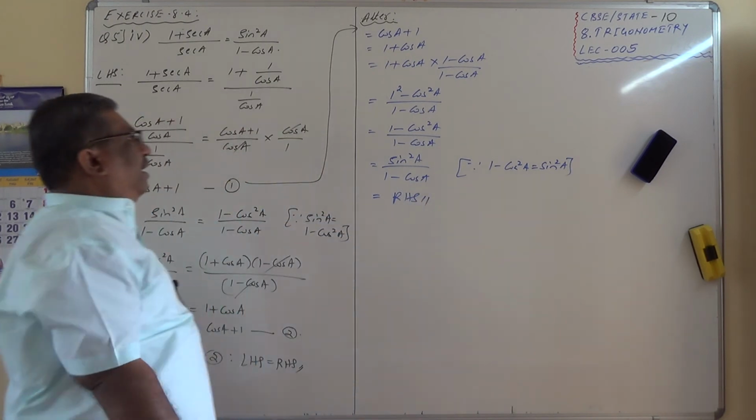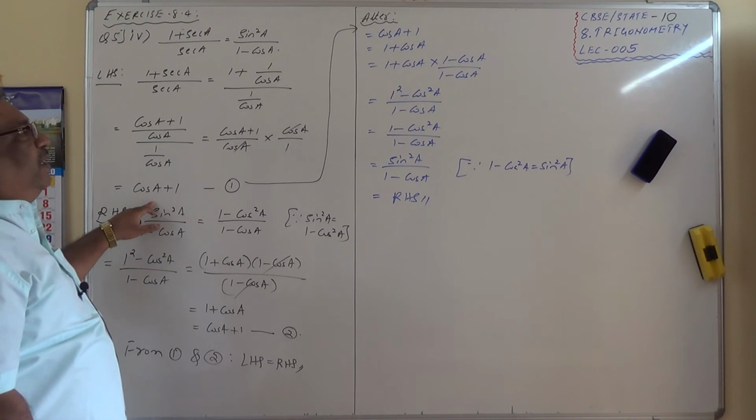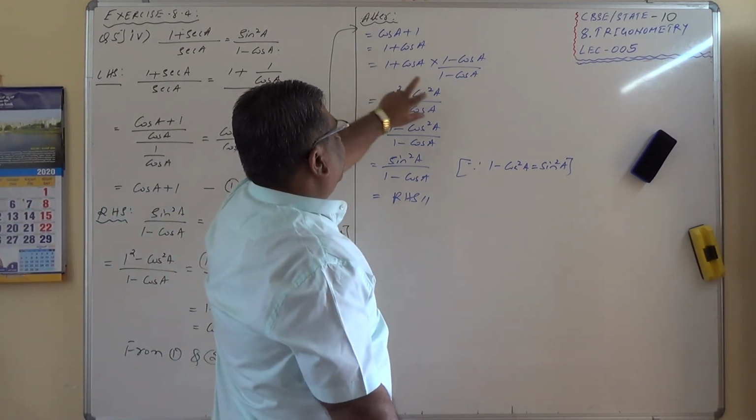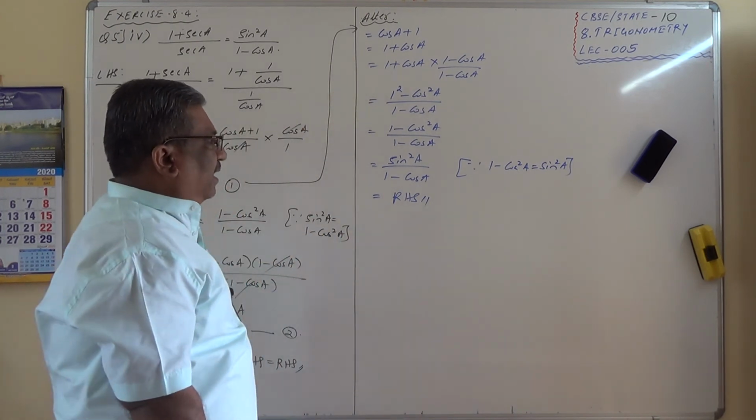See, I took 1 plus cos A and multiplied and divided by the conjugate of the same, so that the value will not change, and finally modified it to get the RHS.